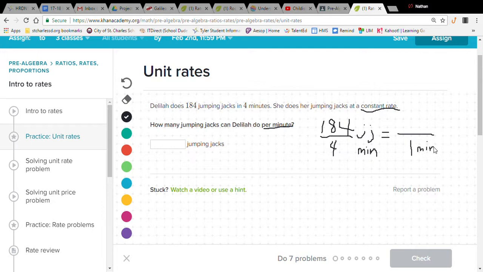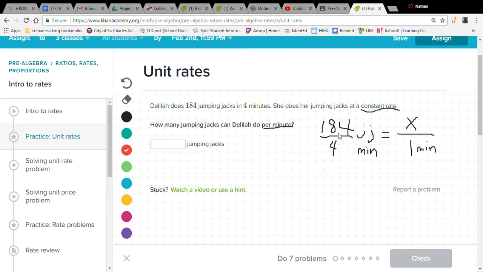We're looking for how many she can do in 1 minute. We don't know how many she can do, so we're going to call that X. And X goes on top because we're looking for how many jumping jacks she can do in 1 minute. Jumping jacks on top on the left side, jumping jacks on top on the right side. Minutes on bottom on the left, minutes on bottom on the right. This is the proportion that we can use to solve this problem.